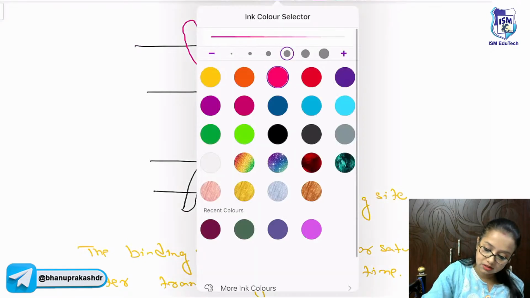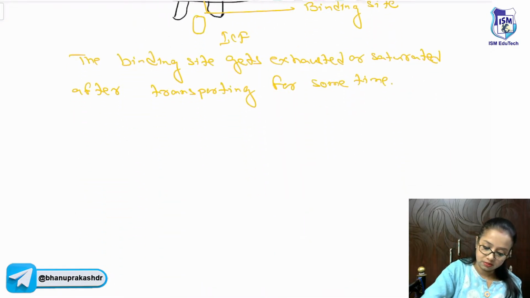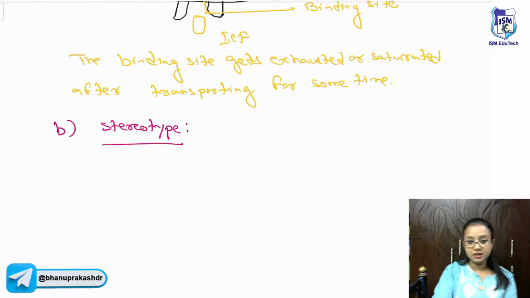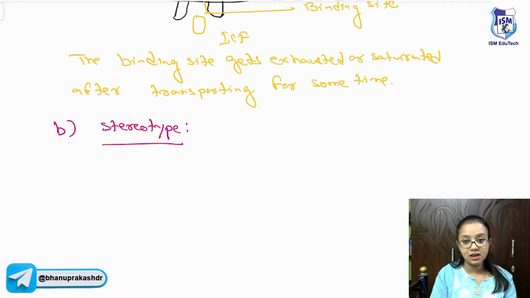The second reason is stereospecificity. It means the binding site on the carrier protein will bind and carry only one optical type of glucose.